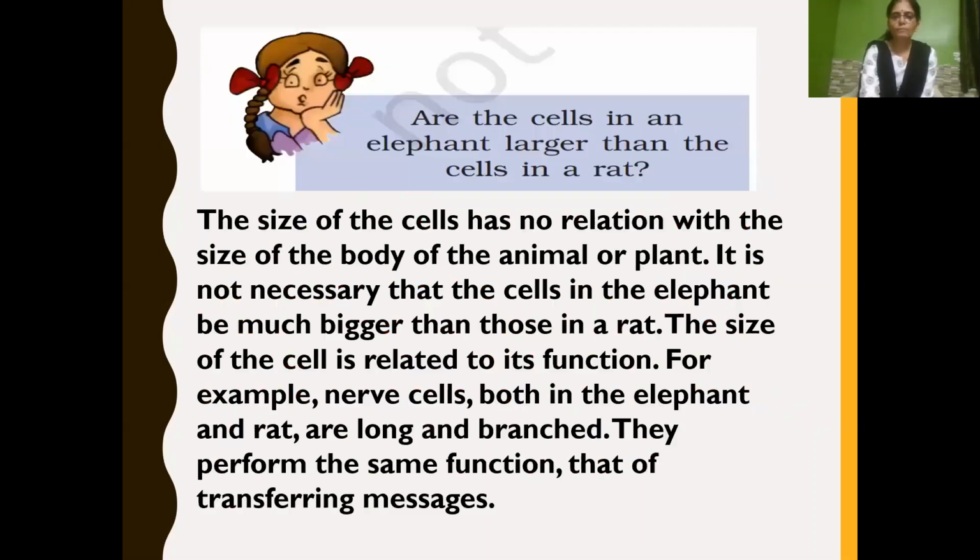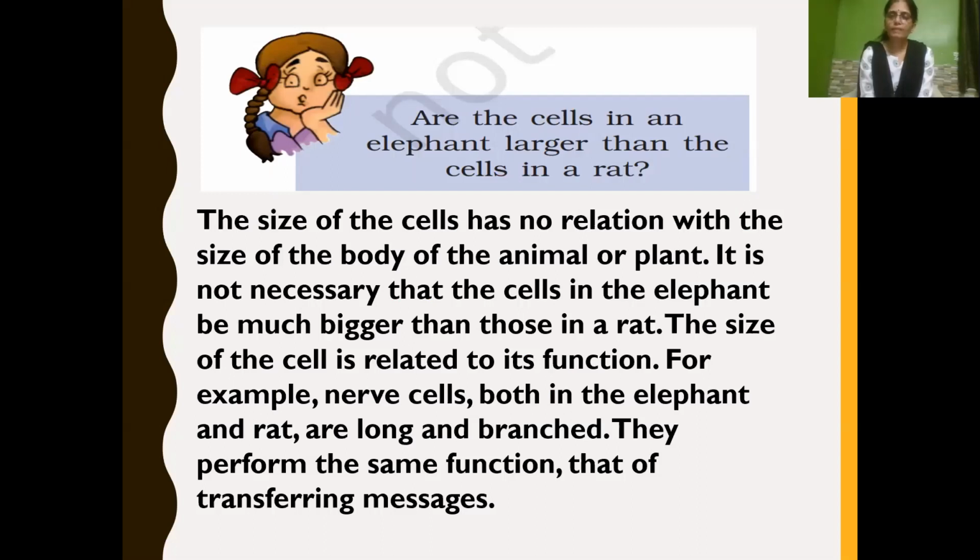Are the cells in an elephant larger than the cells in a rat, because an elephant is a huge animal compared with the rat? Is it so? The size of the cell has no relation with the size of the body of an animal or plant.